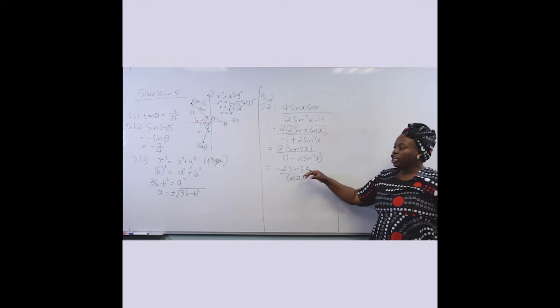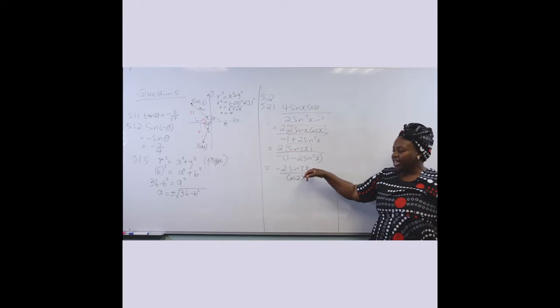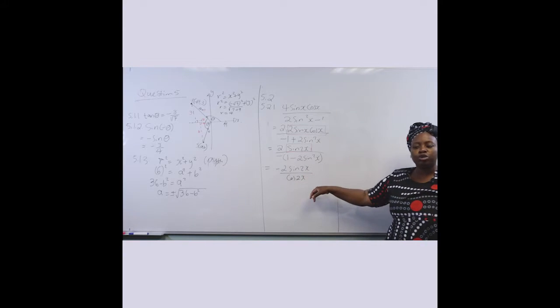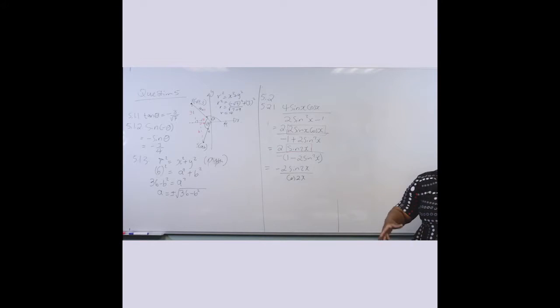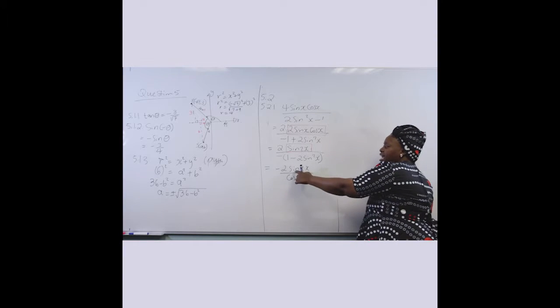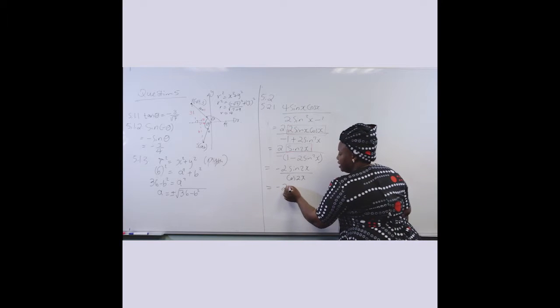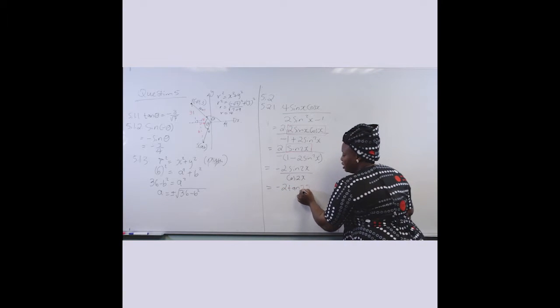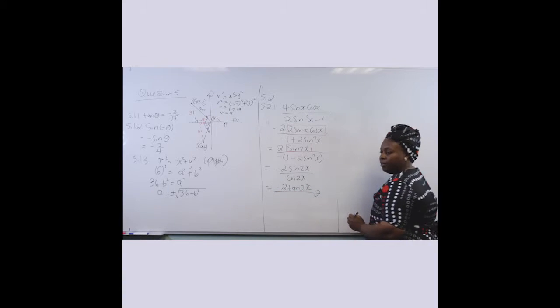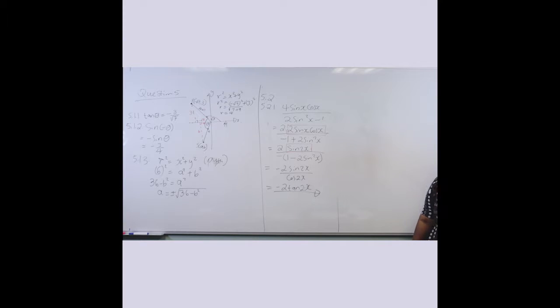Because according to the identities, sine of an angle divided by cos of the same angle is the same as tan of that angle. So it means that sine 2 theta divided by cos 2 theta will be the same as tan 2 theta, here tan 2x. So you can see now I'm on my one ratio. I'm on my single ratio.